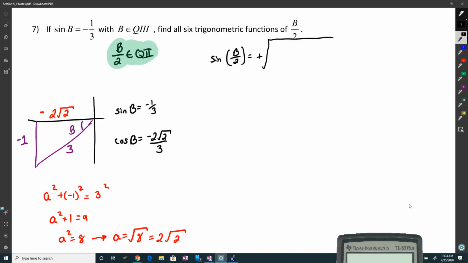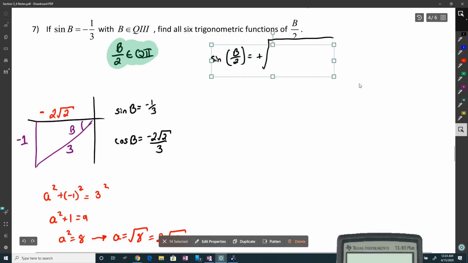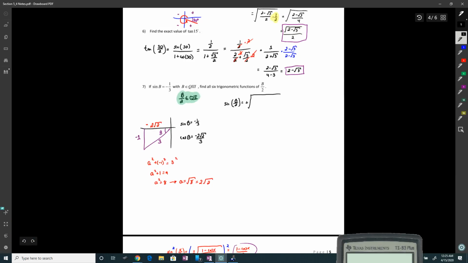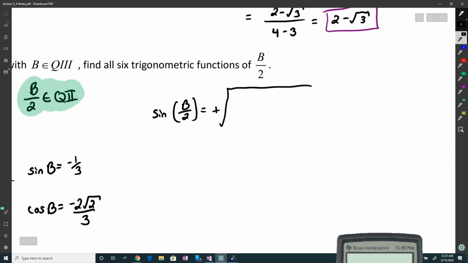And so we end up with b over 2, so we end up with, so sine, since it's not cosine, it's going to be a minus, so this is 1 minus cosine of b over 2, and we just crank it out.